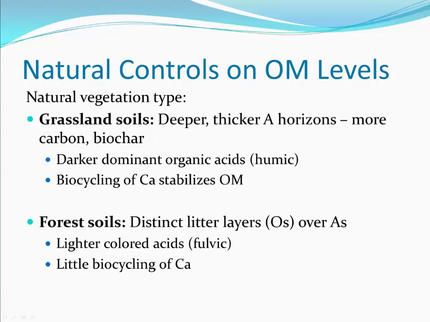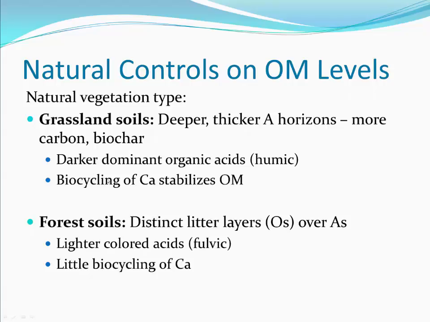We talk about grassland soils versus forest soils, and the grassland soils are darker. They have more of the humic acid type, not humus, but humic acid, and they have more biochar, and they also have biocycling of calcium, and the calcium stabilizes the organic matter.